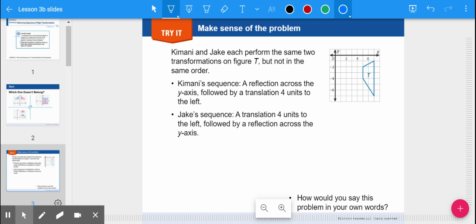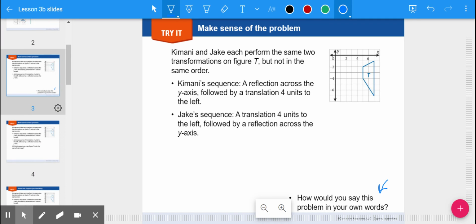Whereas Jake does a translation 4 units to the left, and then follows it up by a reflection across the y-axis. So I want you to think about how you could say this in your own words. I would say they're both doing a sequence, so 2 different transformations on a graph, just in a different order.